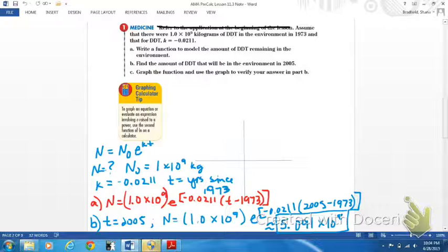So part C asks you to graph this function and see if you can verify your answer in part B. So basically you're going to take the function that we came up with in part A and you're going to put it in your graphing calculator, where N is the y and t is going to be your x. And when you graph it, you're going to have something that looks like this. But you've got to be really careful of your range, because the years, remember, that's 2005, so that's going to be on your x-axis.